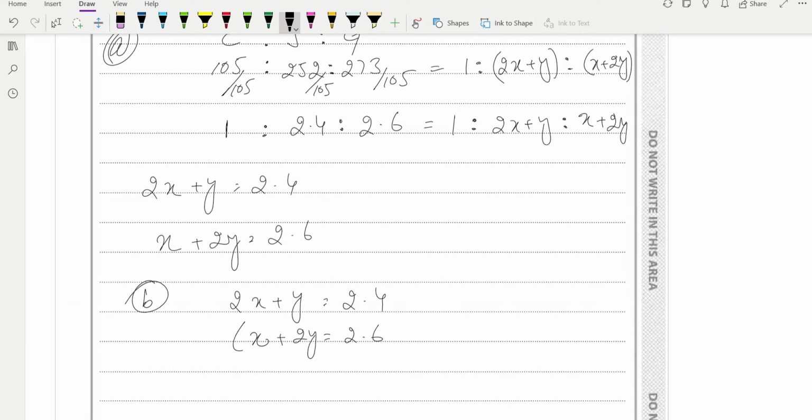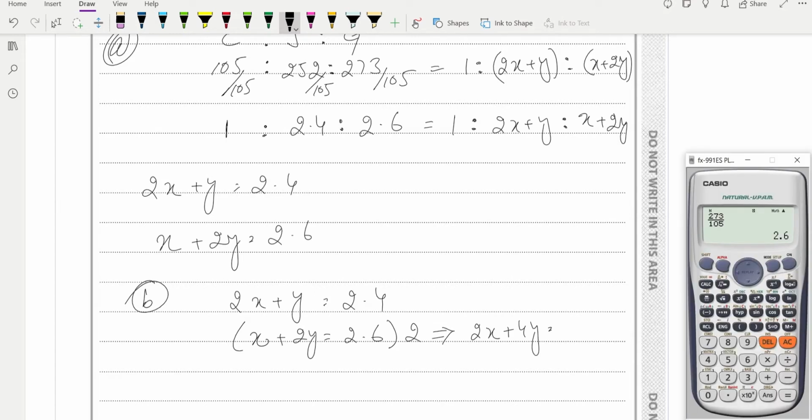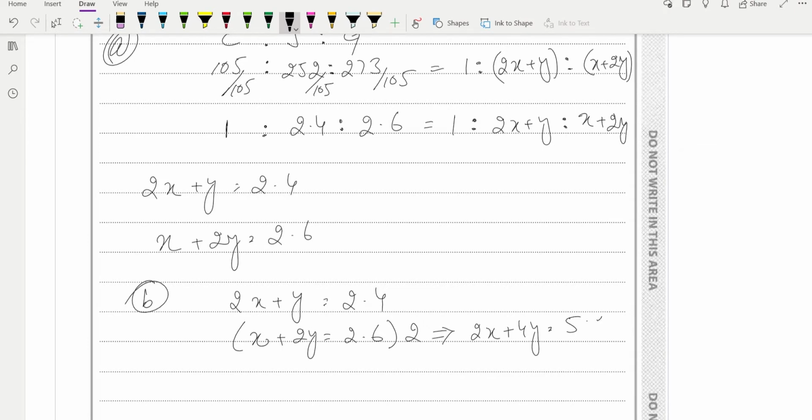So we will multiply the second equation by 2 to get the new equation, which will be 2x plus 4y is equal to 2.6 multiplied by 2, which is 5.2. This will be our second equation, and I write the first equation over here.